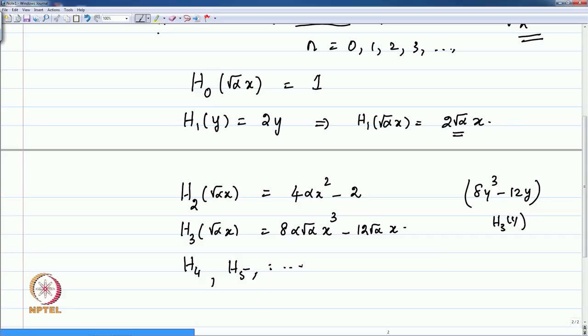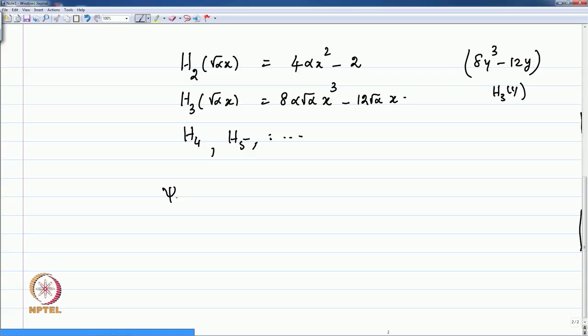If you recall, there was a table of the harmonic oscillator functions which was given to you, and you might recall that the wave functions have a specific parity.